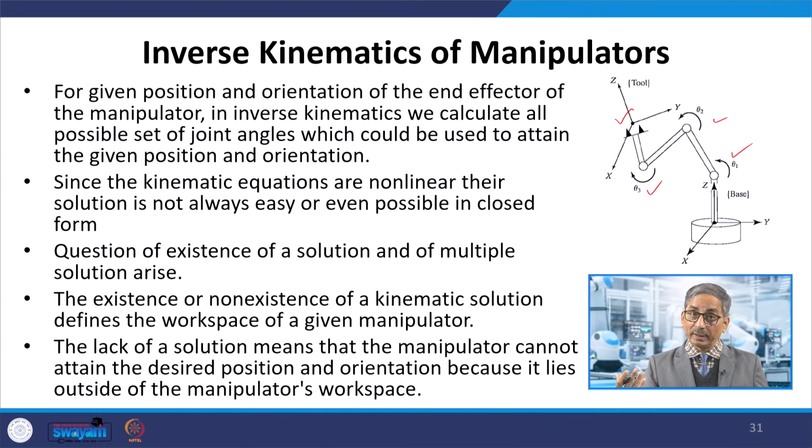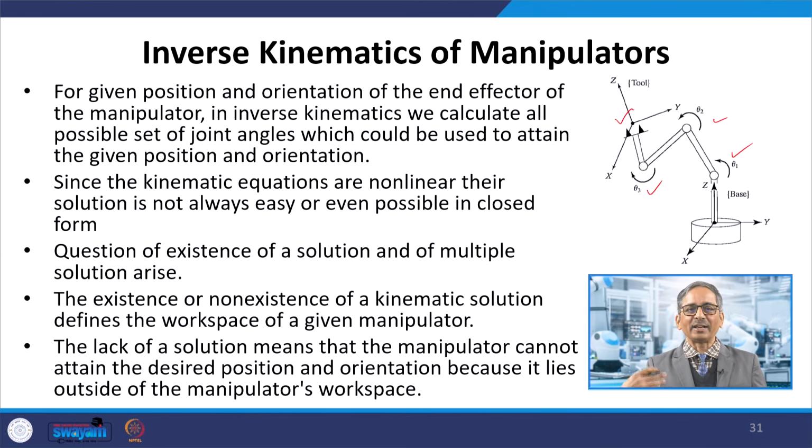And there is a problem, and that problem is that the kinematic equations are non-linear and their solution is not always easy, and it is even not in closed form. There could even be questions about whether a solution exists at all, or there could be chances that we have multiple solutions for that inverse kinematic problem.